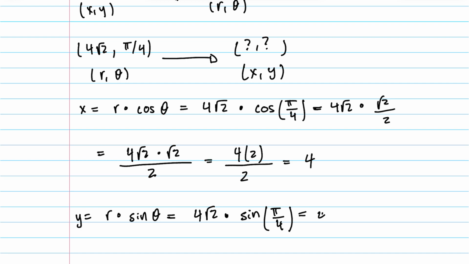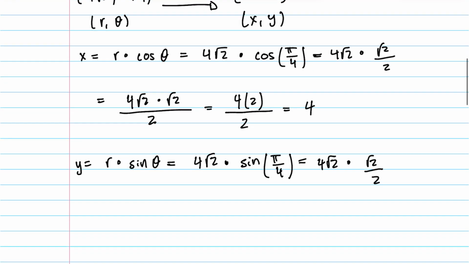Simplifying that, you'll have 4 square root of 2 times sine of pi over 4, which is just the square root of 2 over 2. This expression is the exact same thing that we had in our first example where we were trying to find x, so we can rewrite this as 4 since we know it simplifies down to that.